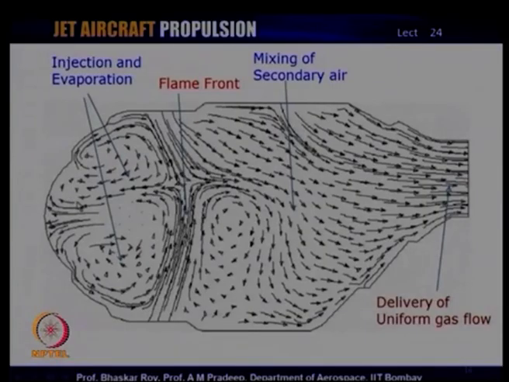We will have a look at them later on, and these flame holders create an artificial recirculation zone, because of which the air that is coming from the compressor may have an actual velocity of the order of 100 meters per second.